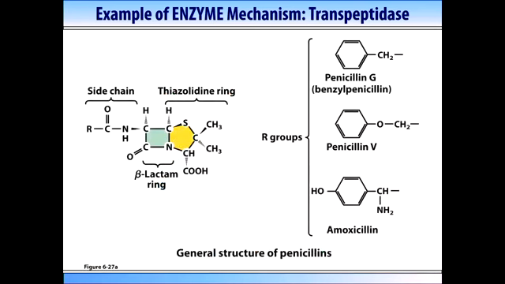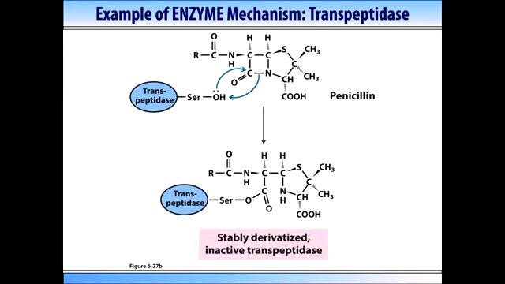The antibiotic molecules which everybody knows, which belong to the penicillin class, such as penicillins or ampicillins, are also called beta-lactams, because of this interesting ring here. They are recognized by the active site of this transpeptidase enzyme. And the enzyme's active serine in the active site tries to attack this carbonyl carbon.